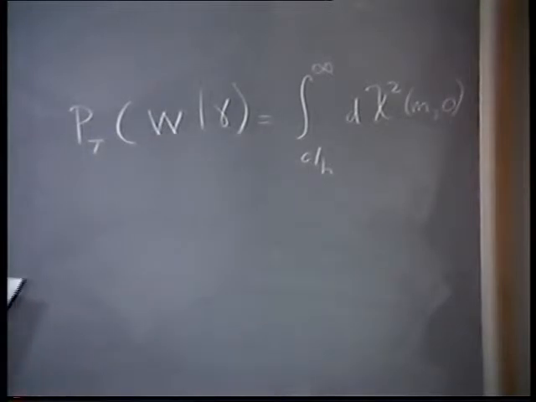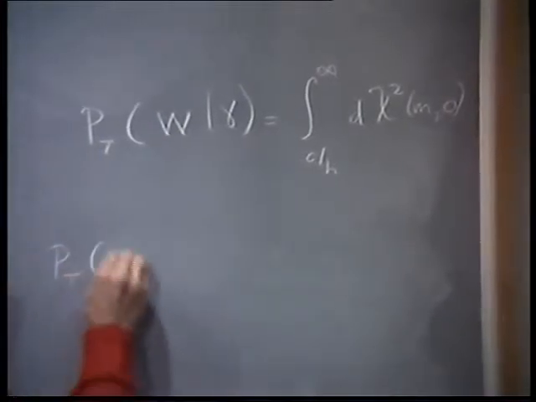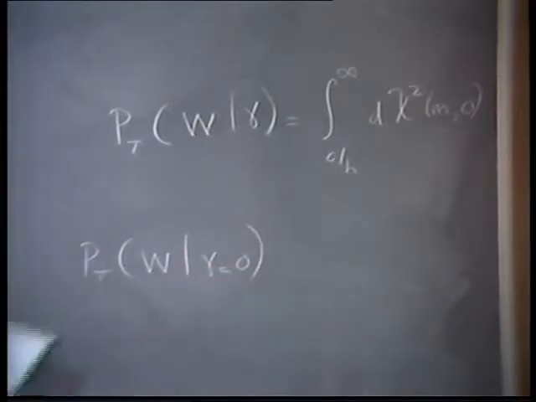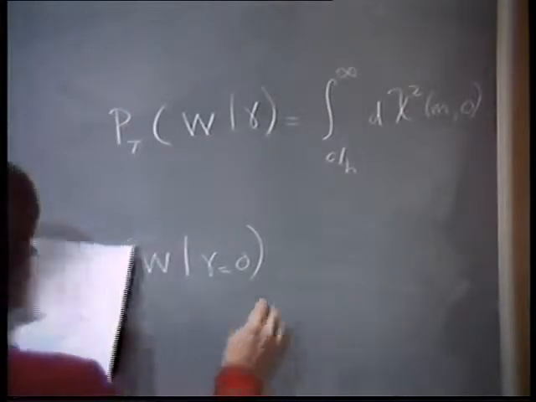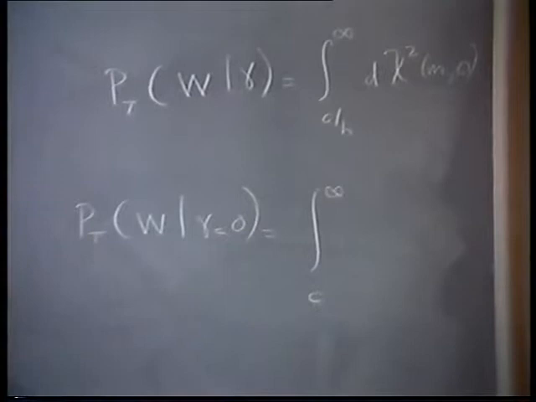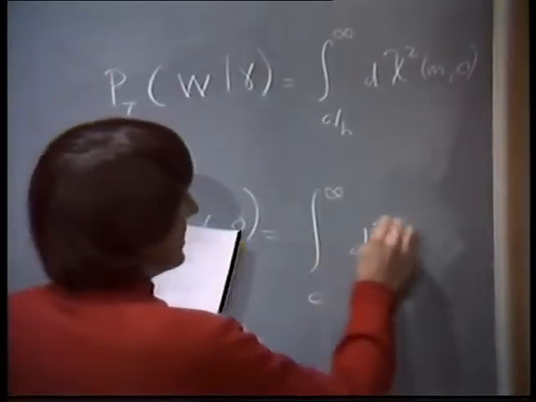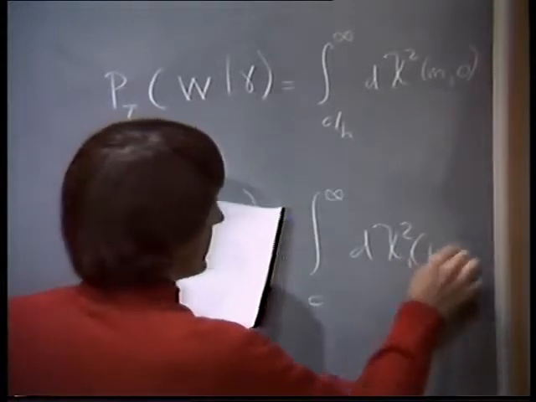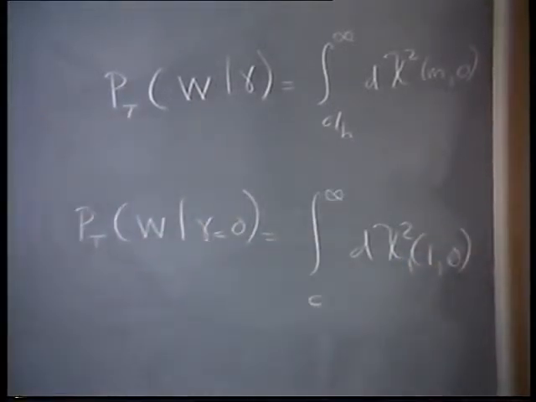Where does C come from? Well, C is defined by the probability of W when gamma is 0, and C is then the lower limit of integration of the chi-squared with 1 degree of freedom and non-centrality 0.